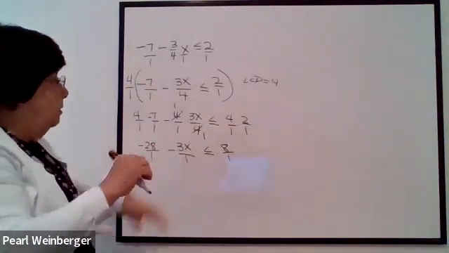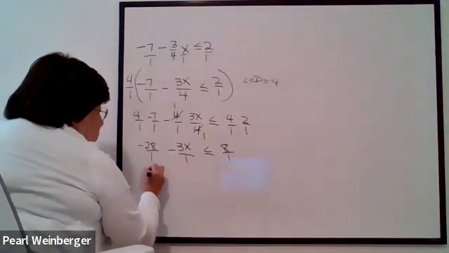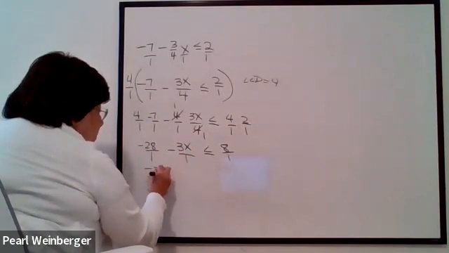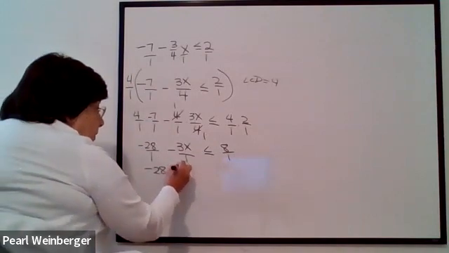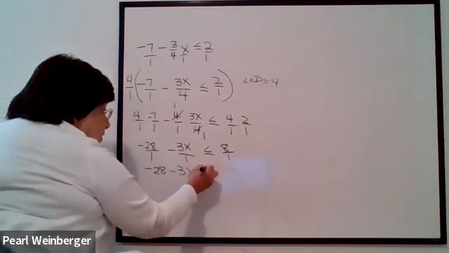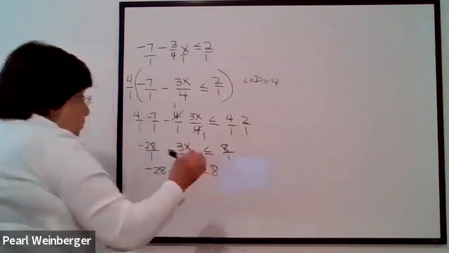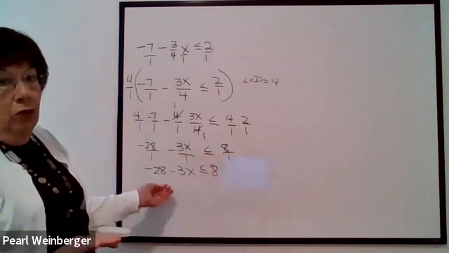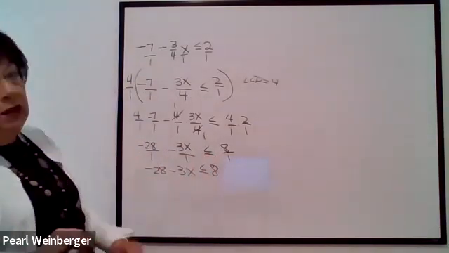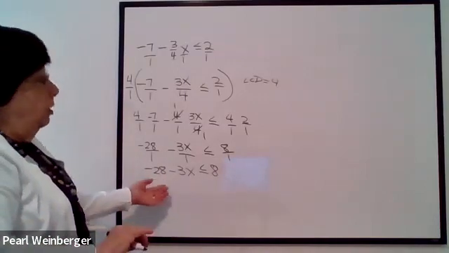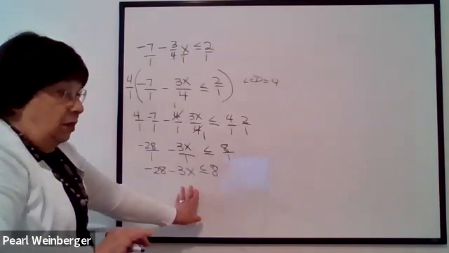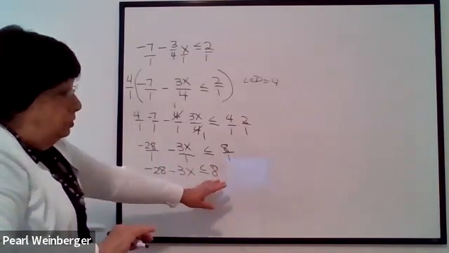And notice, once we have all our denominators being 1, we've done the hard part. We now have an inequality that has no fractions. So I can really write this as -28 minus 3x is less than or equal to 8, which is what we've been dealing with all along, a regular inequality. Now we solve this the way we've done all along. We want to leave the x's on the left side and get all the numbers to the right.